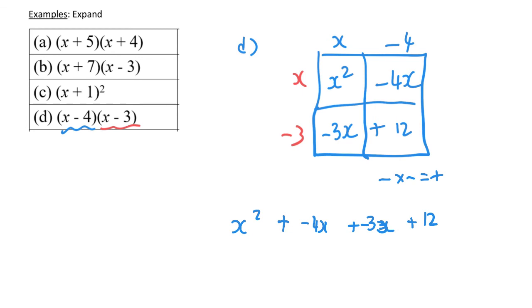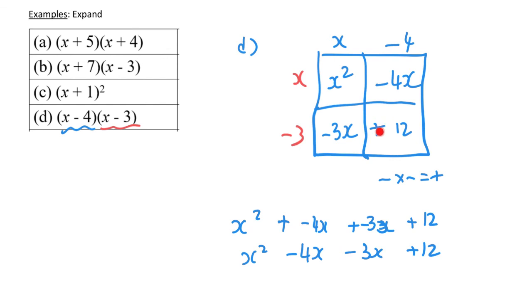Now the plus and the minuses just simplify to give a minus 4x and a minus 3x plus 12. So really there's no need to do the adding. We just write it as x squared minus 4x minus 3x and plus 12. So whatever they are, we just leave it there.